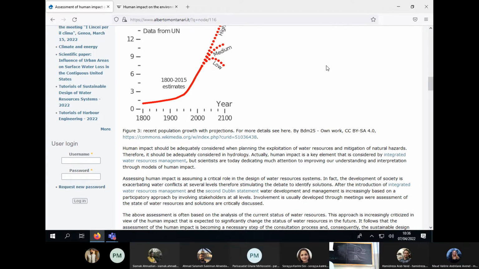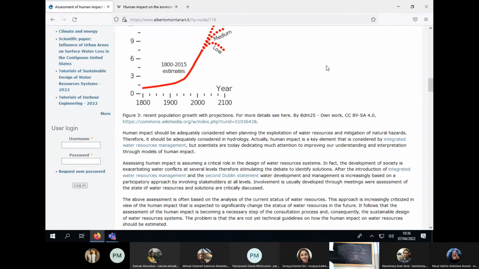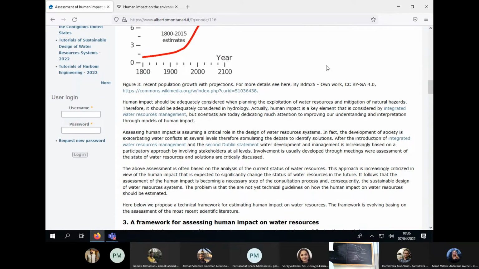Now, how can human impact be estimated from a technical point of view? So how can I take into account climate change, whatever, from a technical point of view?